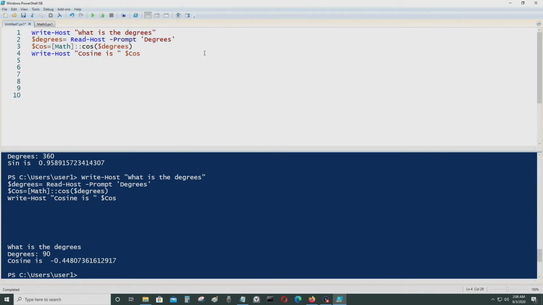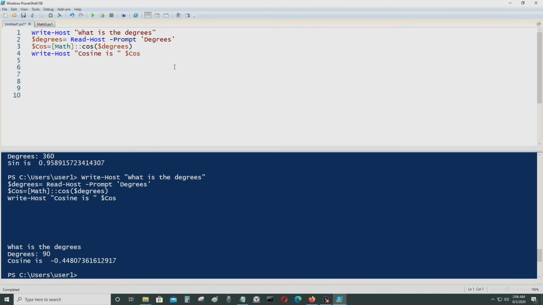So if you're doing a physics problem of trying to calculate the force in an inclined plane, then you have to use cosine, sine, and tangent. And the Pythagorean theorem as well. So this is pretty useful. Let's do the Pythagorean theorem.